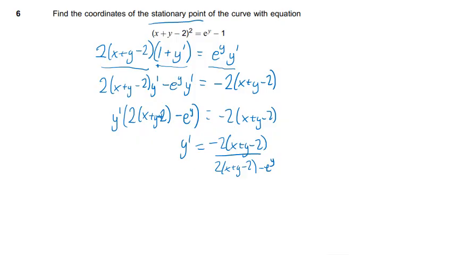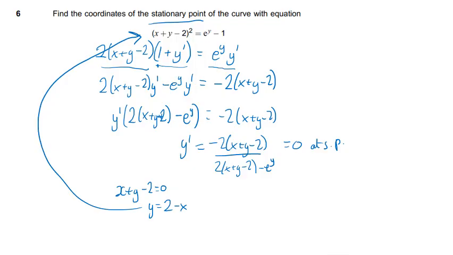And we're looking for a stationary point, so we want this to be equal to 0. Okay, so we find that x plus y minus 2 is 0, which we could rearrange as y equals 2 minus x. But that doesn't tell us a point. So what we need to do is substitute that back into the original function. Because x plus y minus 2 is 0, the left-hand side is 0.